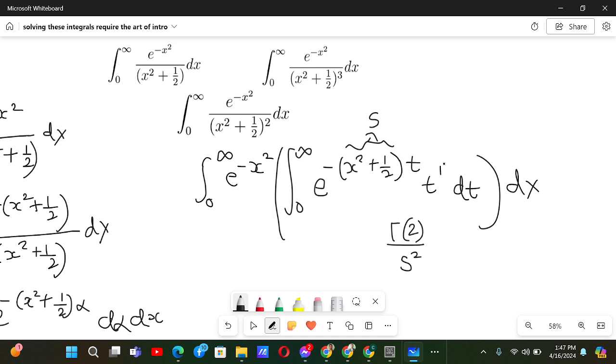That's the Laplace transform formula. Gamma of 2 is 1 and s is (x squared plus 1/2) whole squared. So now this is the double integral. We have this expression from the integral inside, and now we can interchange the integrals and solve it. This is how we can introduce a double integral here.